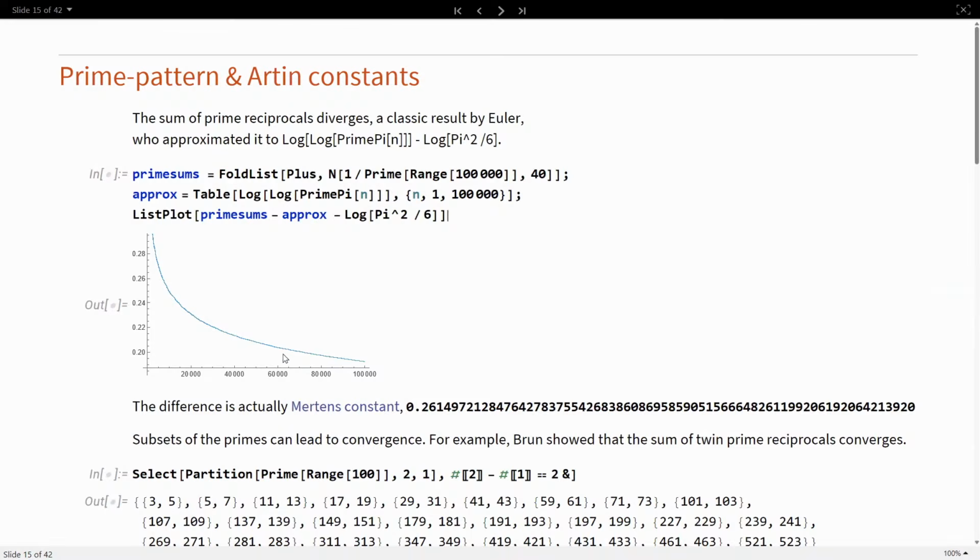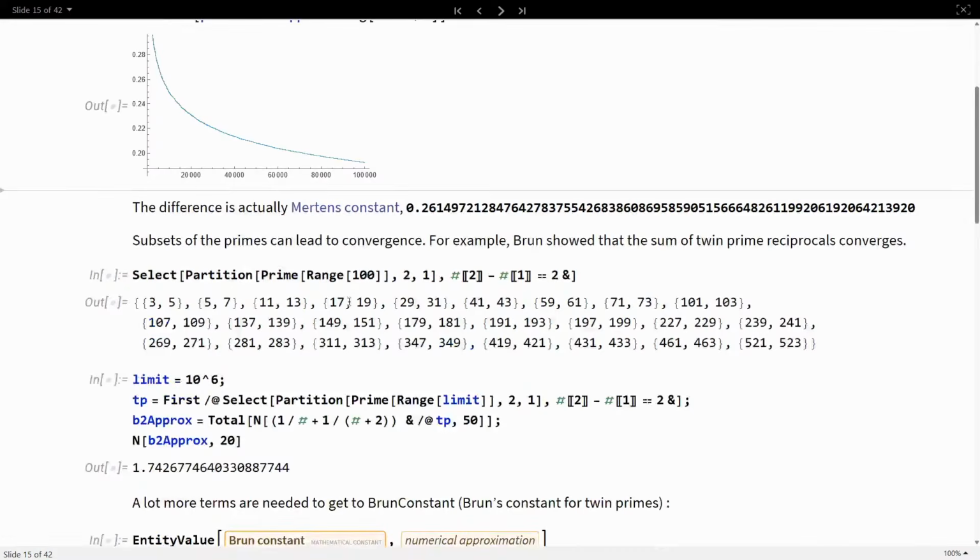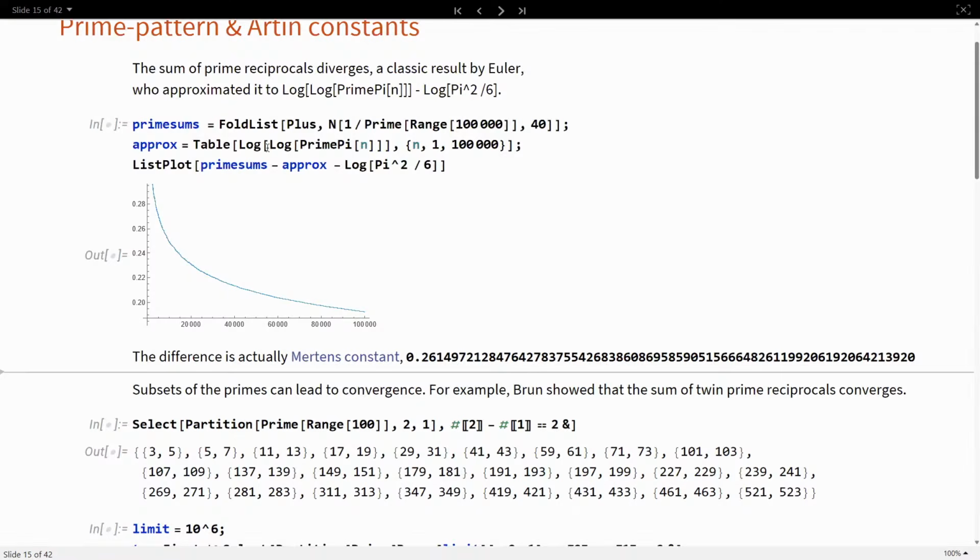And we can plot out how those are compared to each other if we take the approximation of log and also subtract log of pi squared over 6, as Euler did. The difference between the log and the sum of prime reciprocals is actually Mertens' constant, which I show here.